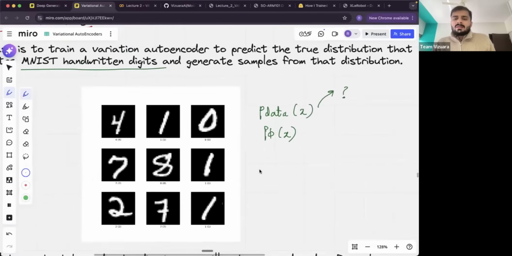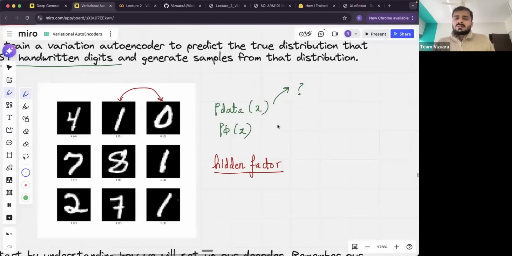But calculating the hidden underlying factors of variation is very difficult for us to do, because we don't know what factors are causing these variations, right? What factors are causing this 1 and 0 to differ exactly? We cannot pinpoint it. It's a very hard task to do. And this is exactly what our encoder is supposed to do, right?